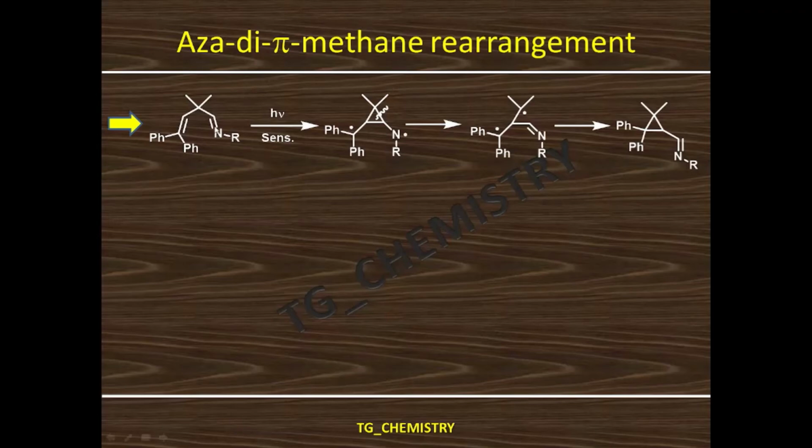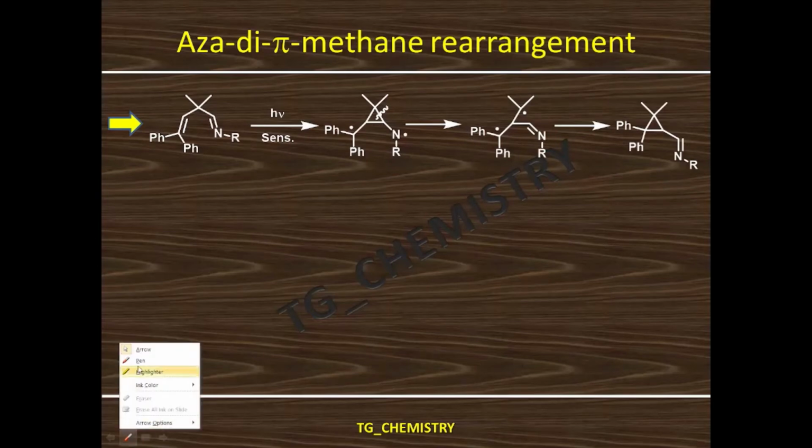You see the photochemical irradiation, in the presence of sensitizer, of this di-pi-methane system having a nitrogen atom incorporated into the structure, generates the radicals accordingly, and then eventually a bond breaks and leads to two other radicals, and therefore the cyclopropane ring structure is generated and an imine structure is formed. So this is the major product in the case of the aza-di-pi-methane rearrangement reaction.